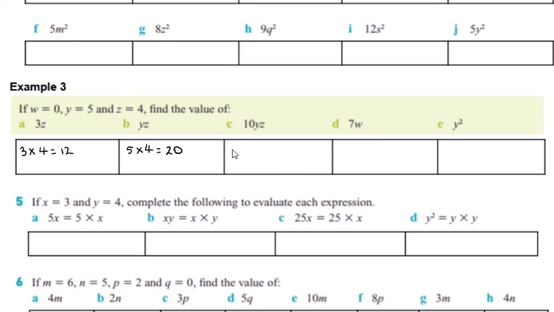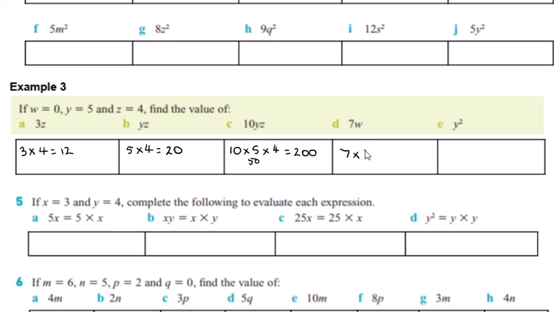10yz, so we have 10 times y, which is 5, times 4, will equal 10 lots of 5 is 50. 50 times 4 is 200. 7w means 7 times w.